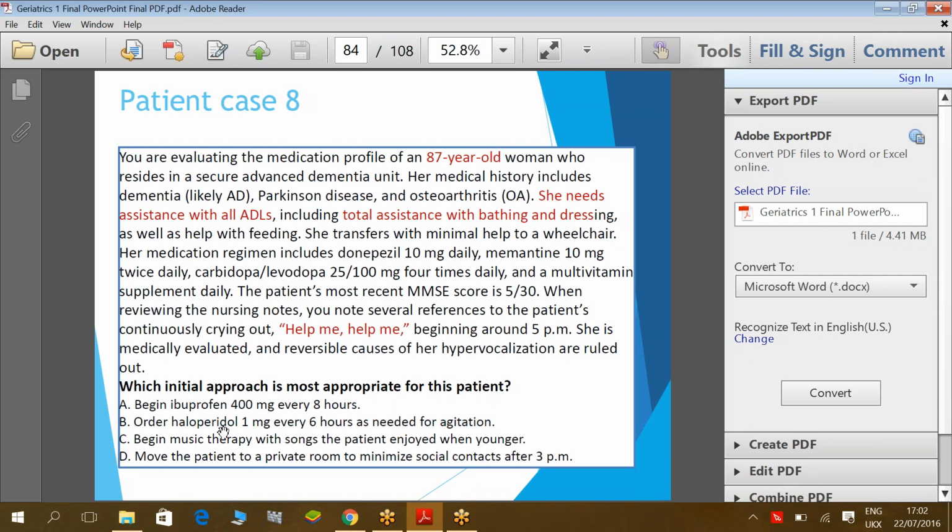So firstly, I have to screen for pain. Secondly, first line is the non-pharmacological approach. When shall I give an antipsychotic? When the patient is showing aggressive symptoms toward herself or toward the people around her. So here the answer is going to be C.